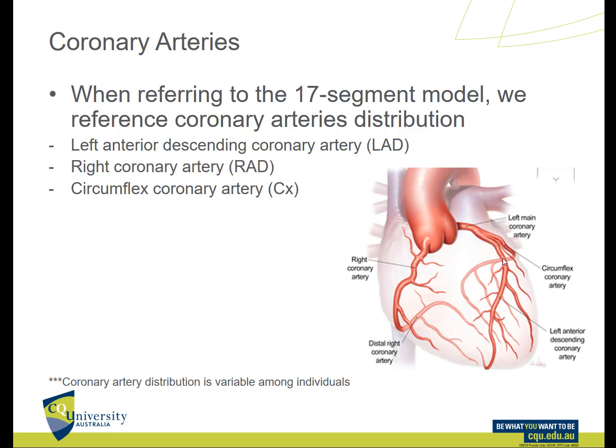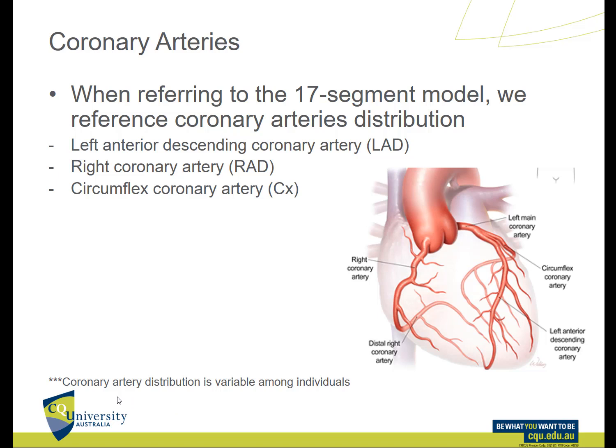This left anterior descending artery supplies much of the left ventricle, and we'll get into which parts in a little bit. The circumflex artery also branches off the left main coronary artery, and this feeds part of the left atrium, and it also feeds part of the left ventricle and papillary muscles.